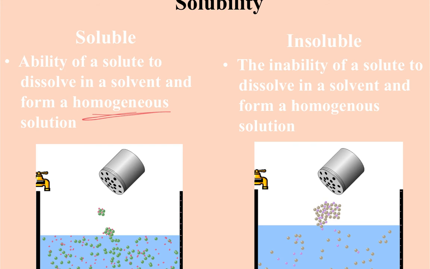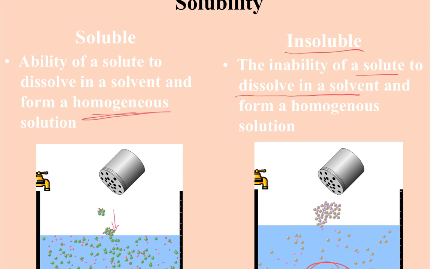Homogeneous means it's the same throughout it. It's insoluble if the solute does not dissolve in a solvent and does not form this homogeneous solution. It kind of tends to stick around by itself, not dispersing evenly like when something is soluble.